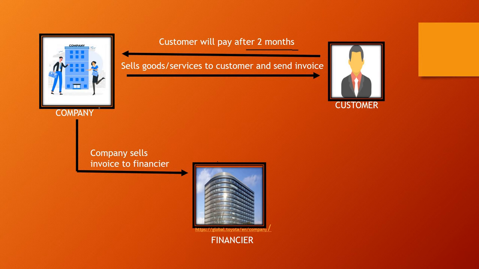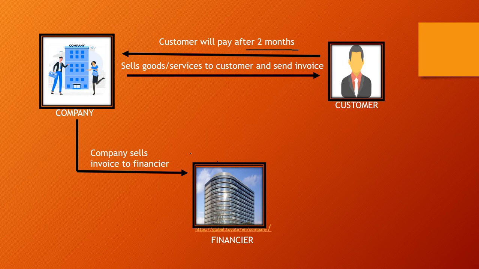Now from this situation, one thing is clear: if this chocolate manufacturing company had not given credit to the customer, in that case the company could fulfill the demand of the order and would have the money to purchase the raw material. Because the company has given credit to this customer, the company has to approach this financial company.